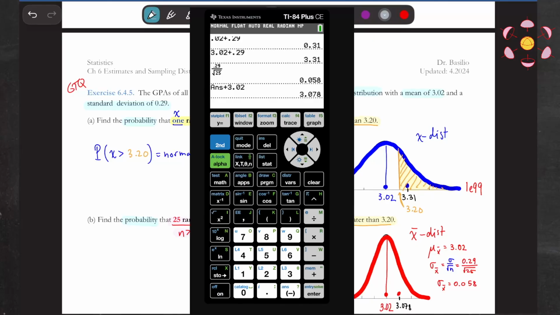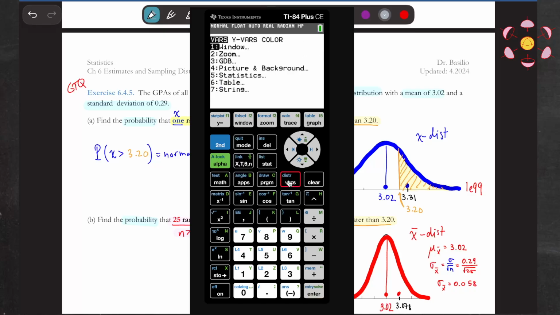Second, vars. Oops, I'm not used to this digital calculator. Second, vars, there we go. Normal CDF, lower 3.20, upper 1, time to use the dolphin button. Remember, it's this comma button, but the double E, the E. Second, comma.